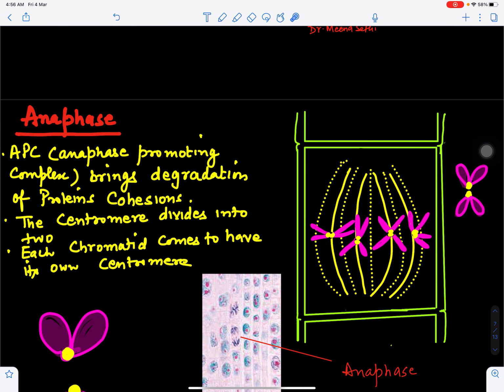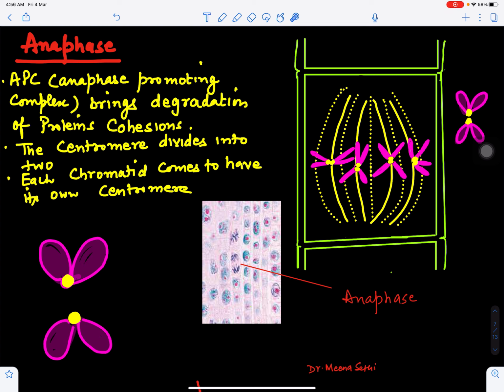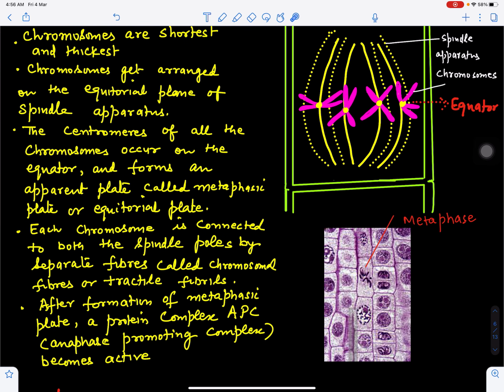Now the cell will enter the third phase of cell division, which is called anaphase. What changes occur during anaphase? As we have seen here, this is the centromere which is attached to the chromosomal fiber. Now this centromere starts dividing into two in anaphase.